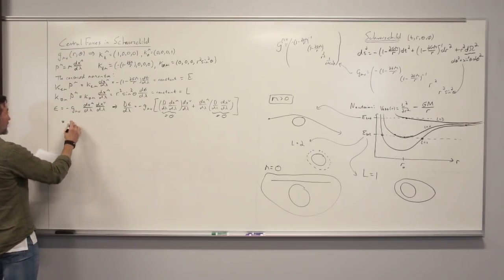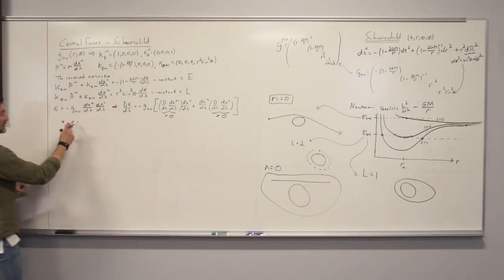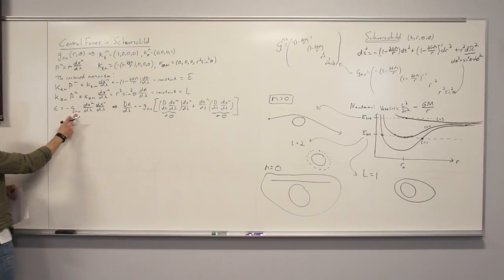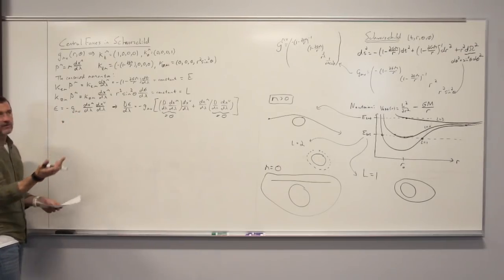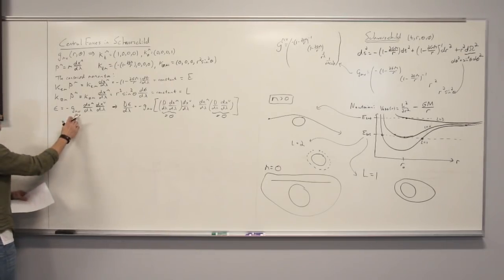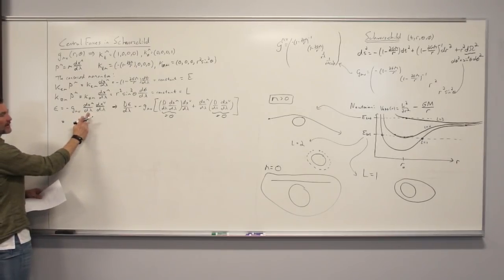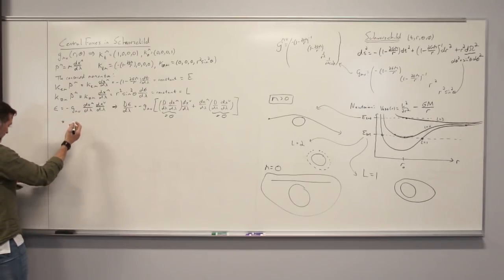So minus g mu nu dx mu dx nu. This is a diagonal metric, so the only non-zero terms are the g00, or you would call that the gtt, the grr, the g theta theta, the g phi phi. So that's going to be dr d lambda, dr d lambda, dt d lambda, dt d lambda, you know how it's going to go. So I'll just fill in what we get.